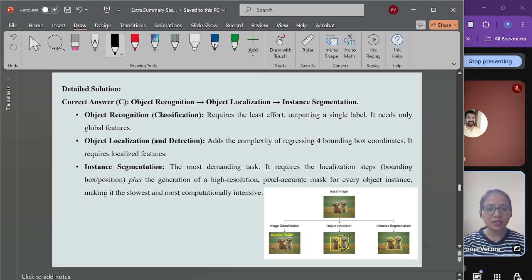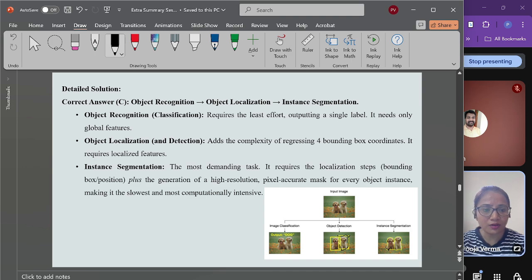While in instance segmentation, what are we doing? It is the most demanding task, because it requires the localization step, that is the bounding box position, plus generation of a high-resolution, pixel-accurate mask for every object instance. Here we are just making a bounding box, but here we are following the edges, where it is and how it is moving.